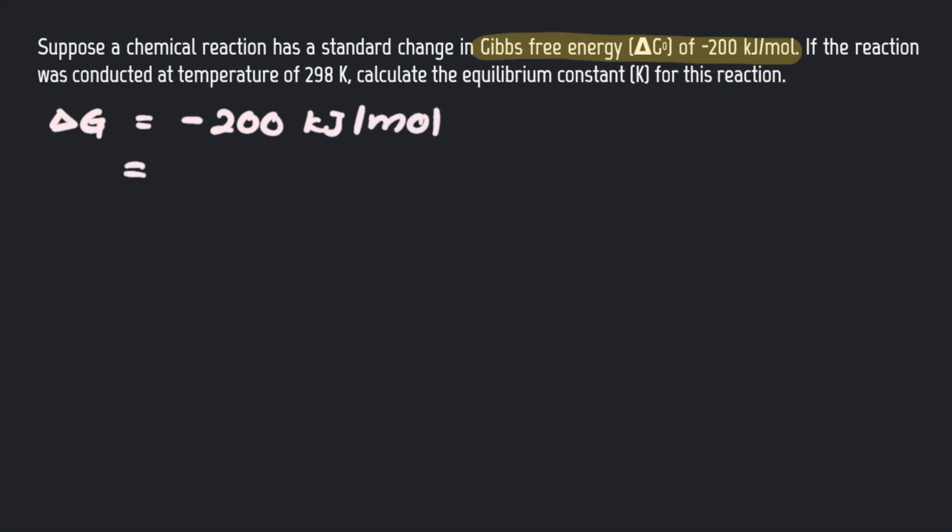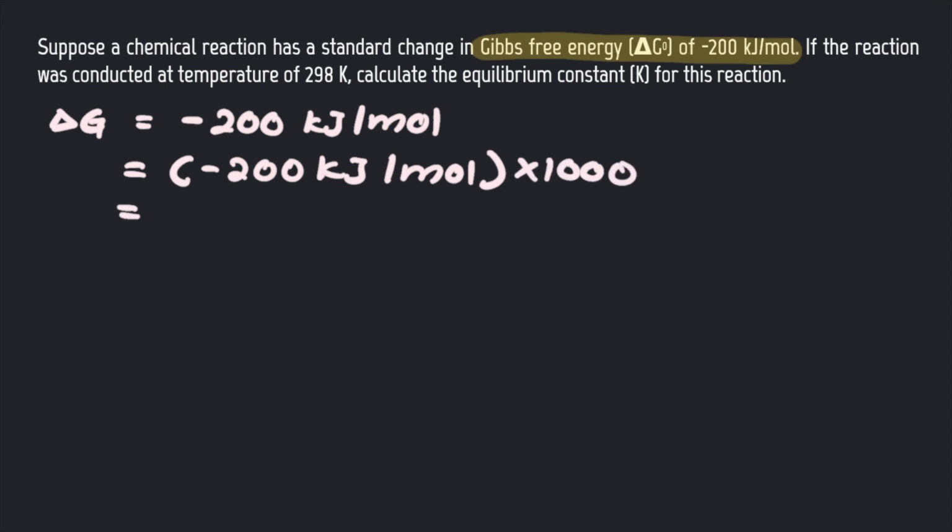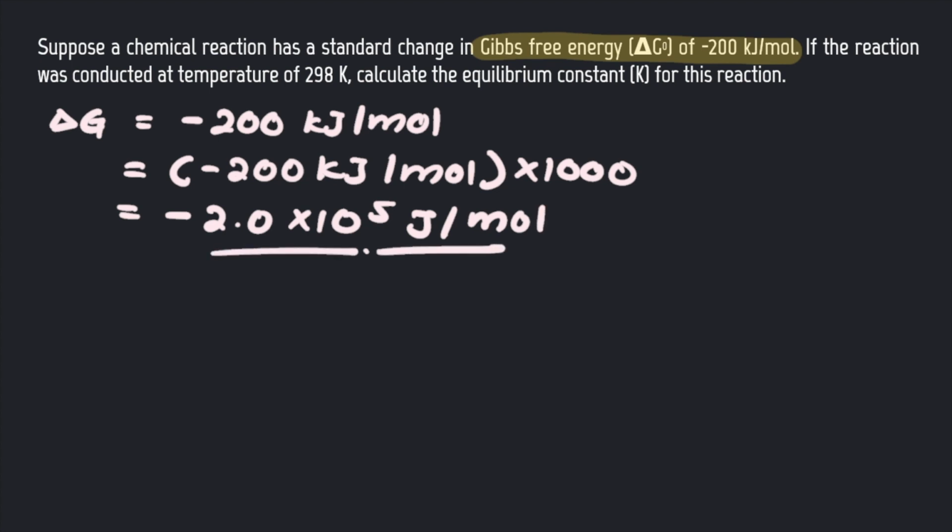This value you need to times 1000 because kilojoule you want to make it into joule, right? So it should be equivalent to -2.0 times 10 to the power of 5 joule per mole. Okay, this is the unit that we need to use in order for us to find the equilibrium constant.